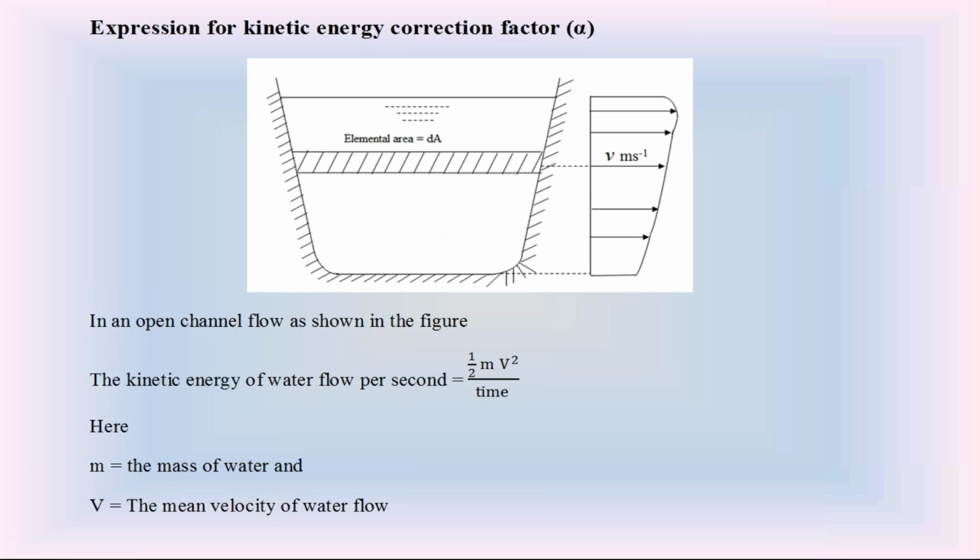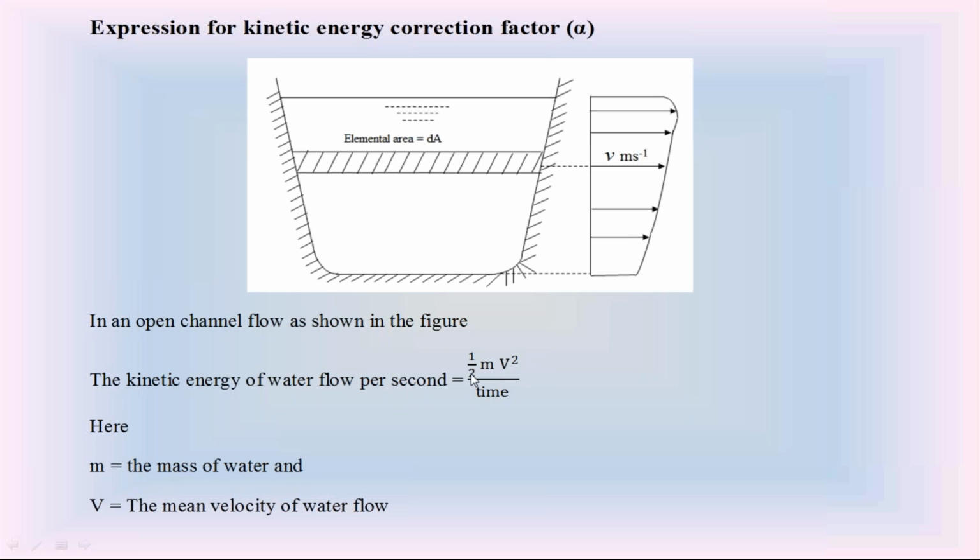So first we calculate the mean velocity of the water flow in the open channel. I explained already. Mean velocity is equal to the velocity at 0.2 y plus the velocity at 0.8 y, divided by 2. By using that mean velocity, we calculate the kinetic energy. Kinetic energy is equal to half m v square.